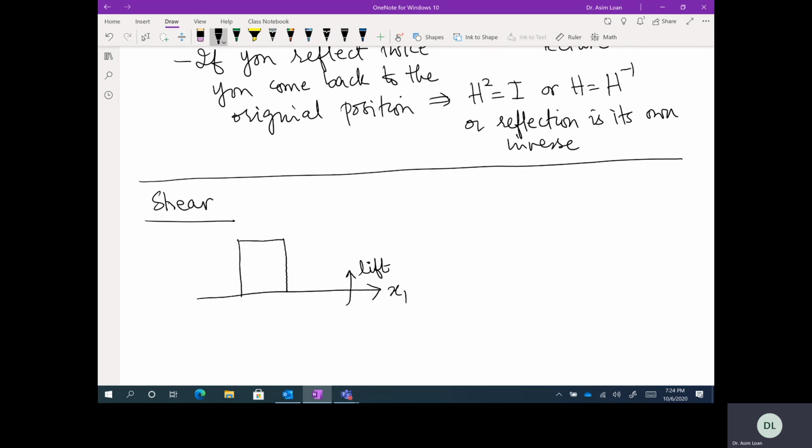Let's say this is the x1 axis and this one is the x2 axis, and this is some vector x. So if you lift this one up, this figure is going to be like this. It's going to go up, and like this.